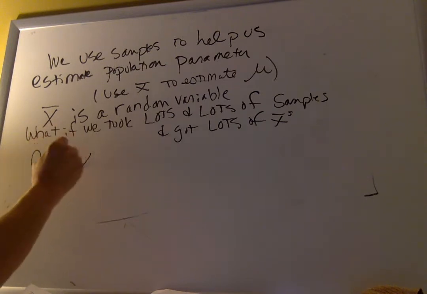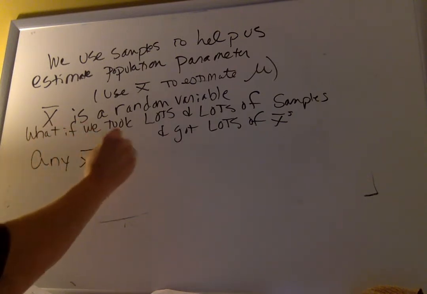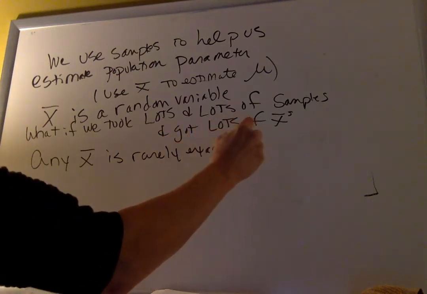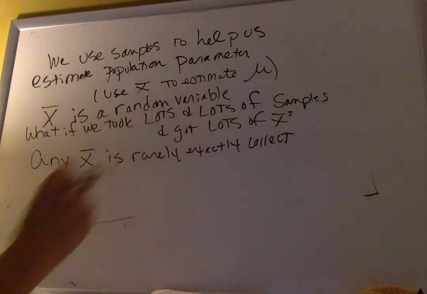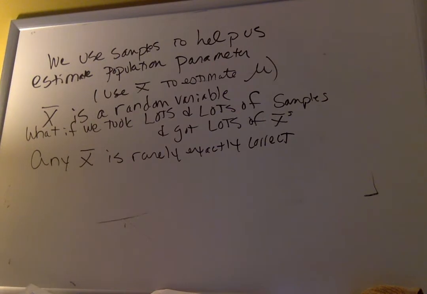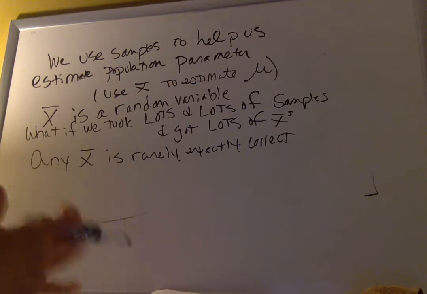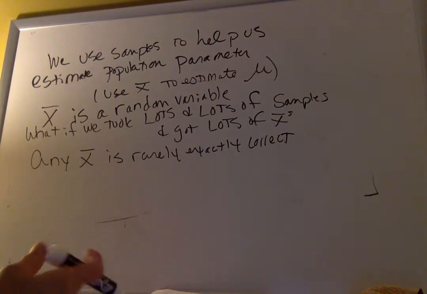Make sure you know any xbar is rarely exactly correct. I mean, for the xbar to actually be completely, perfectly equal to the mu would be very surprising. I mean, we do hope it's in the ballpark.